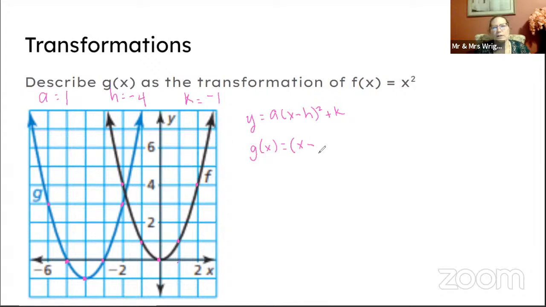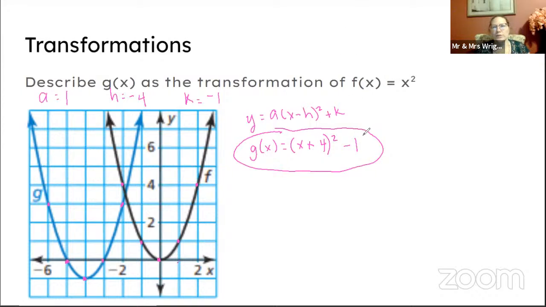H is negative 4. If I plug a negative 4 in here, it becomes a positive 4, squared, plus k. Oops, k is a negative 1, so I'm going to put a negative 1 here. And this is my vertex form of the quadratic equation for g of x, the blue graph here.